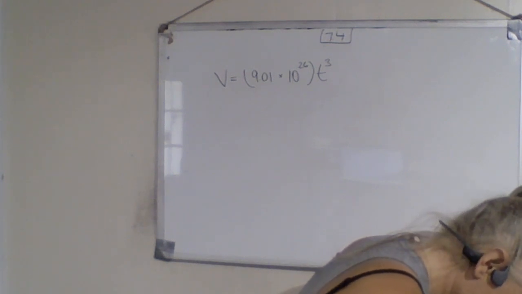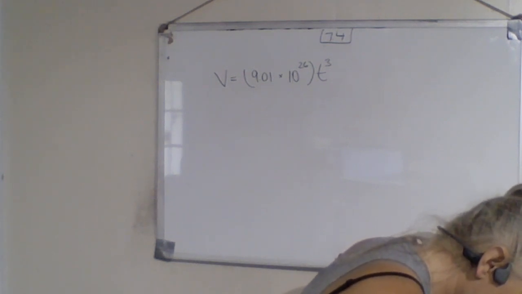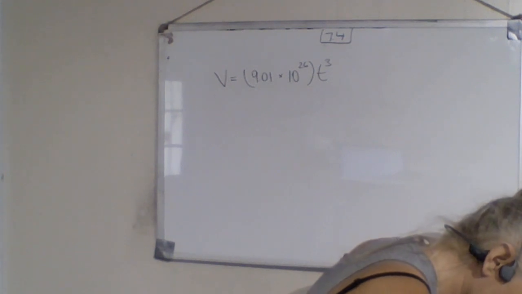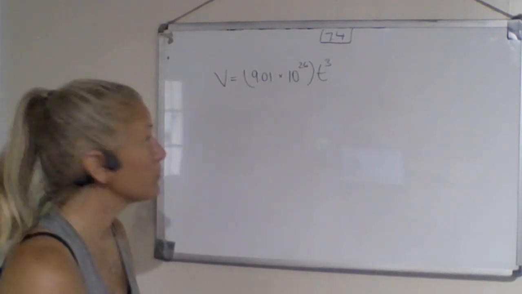It says, first of all, write the inverse model that gives the age of the nebula as a function of its volume. That means I'm really solving for t.